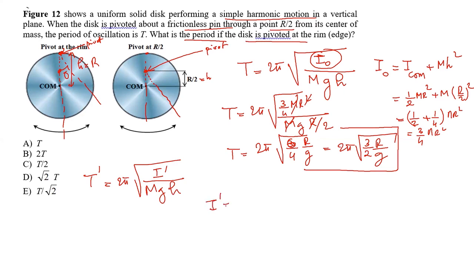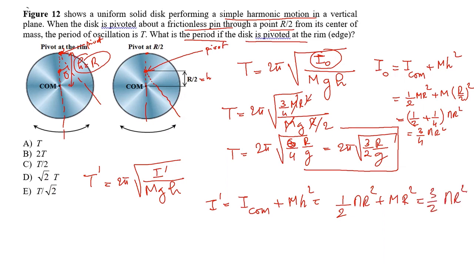Now, I prime, by the parallel axis theorem, is I around the center of mass plus m h squared. So I center of mass is half m r squared, plus m h squared, where h here will be r, because this is the distance between the center of mass and the new axis of rotation. So this will give me 3/2 of m r squared.